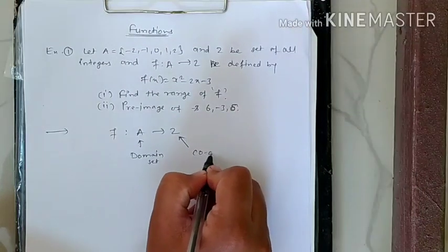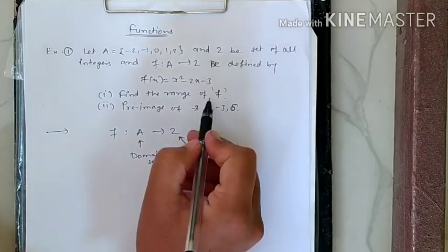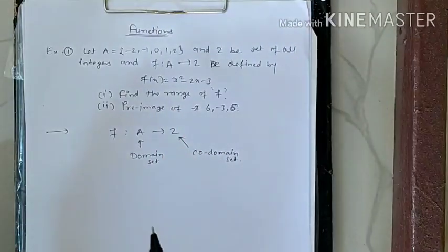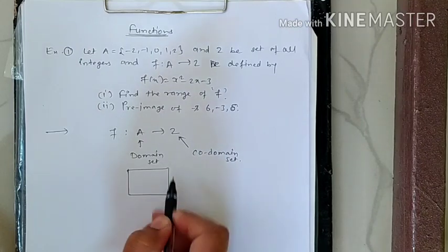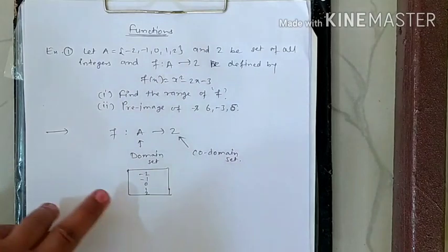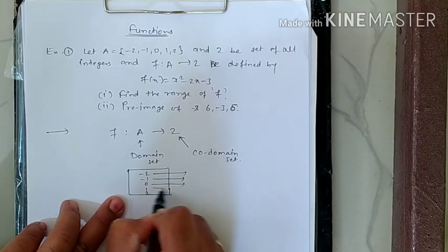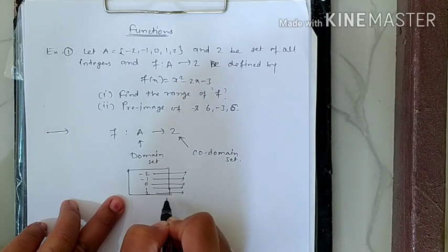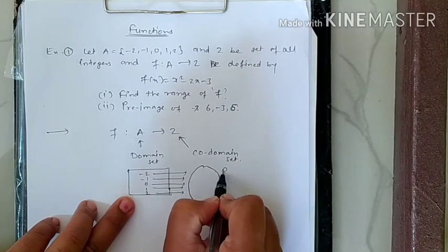Yes, it is the codomain set. Now we have to find the range of f. In set A there are finite elements, that are -2, -1, 0, 1, 2. For all these elements, the images for each element will form the image set, which will be the range set.